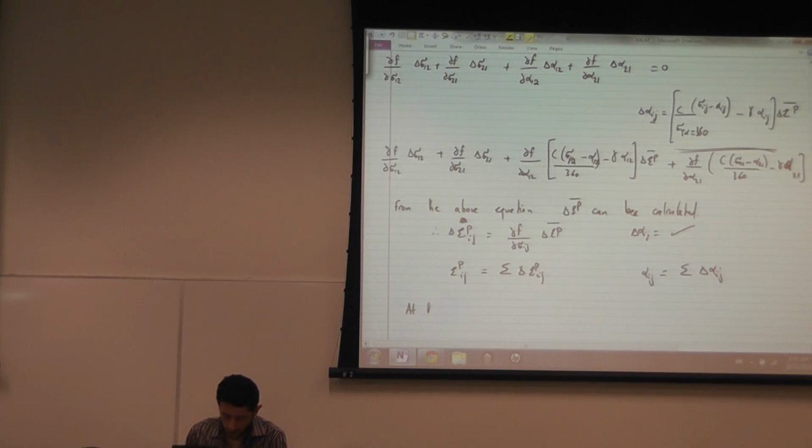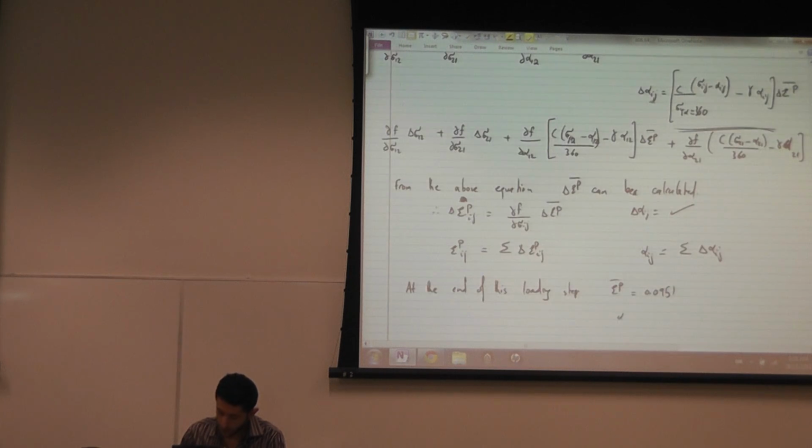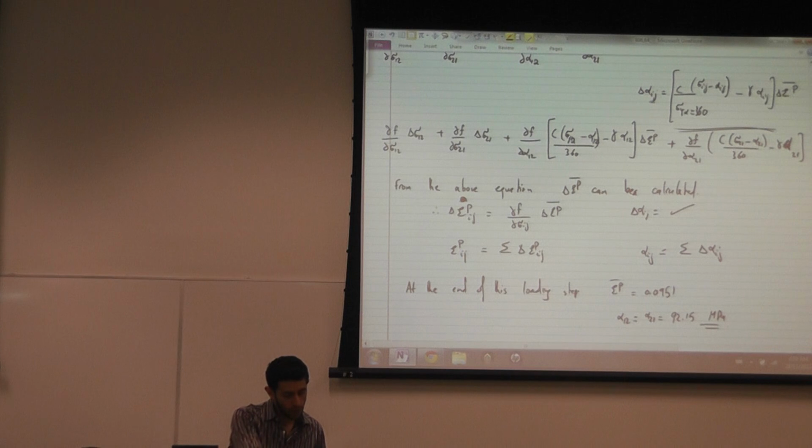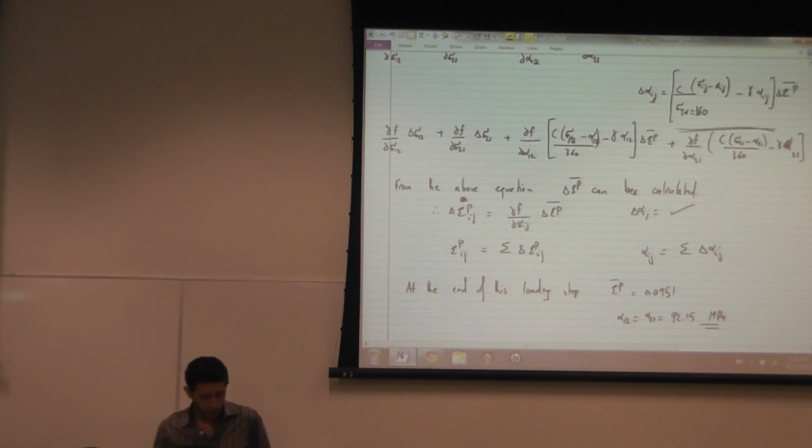At the end of this loading step, the plastic strain is equal to 0.0951, and alpha 1, 2 is equal to alpha 2, 1 is equal to 92.15 MPa. And the plastic strains are also calculated.